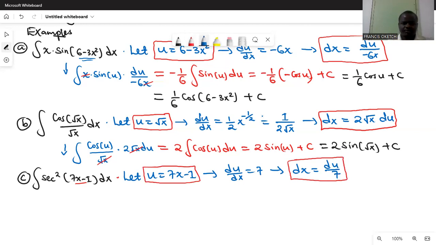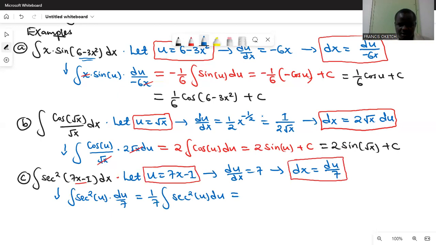Back to our integral. When I substitute, I'll get the integral of sec squared of u times du over 7, which is the same as 1 over 7 integral of sec squared u du. So what did you differentiate to get sec squared u? Remember, when you differentiate tan u, you get sec squared u.